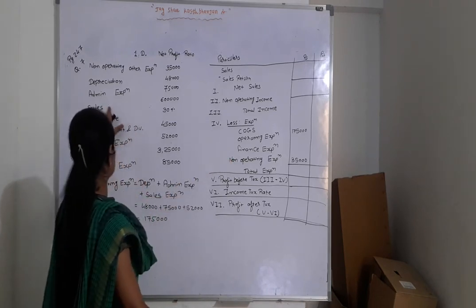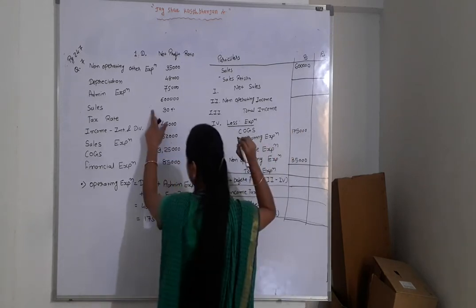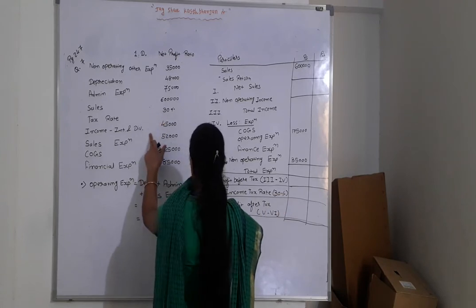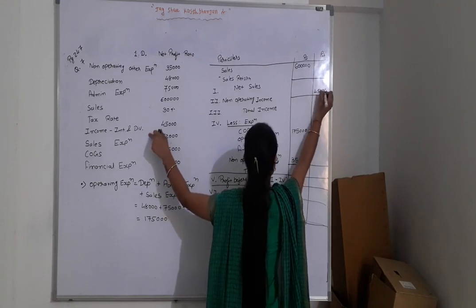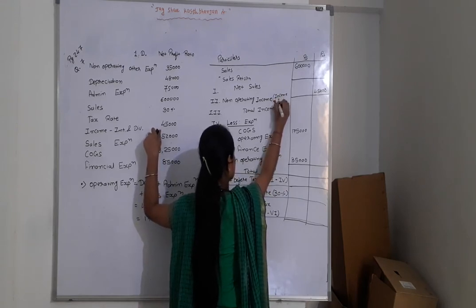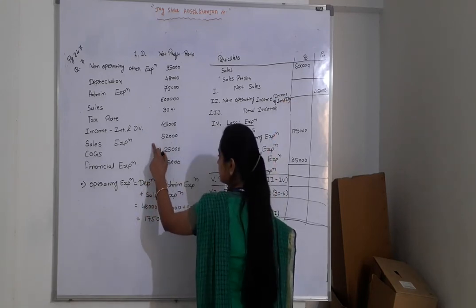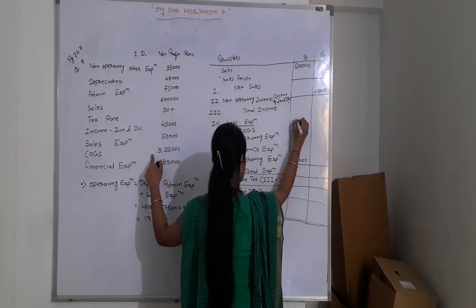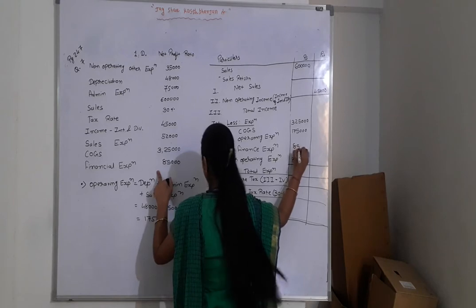Okay, next, sales 6 lakh, tax rate 30%, then income of interest and dividend here 45,000, sales expense included COGS 3,25,000, finance expense 85,000.